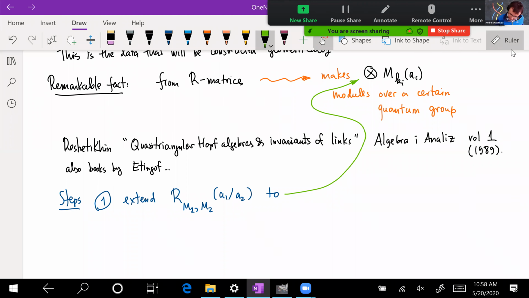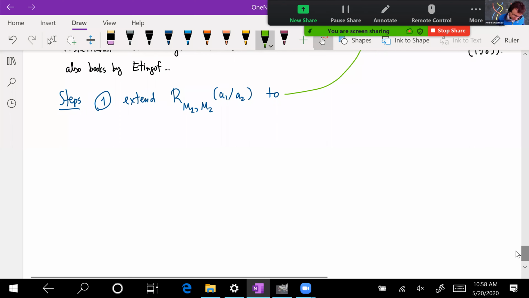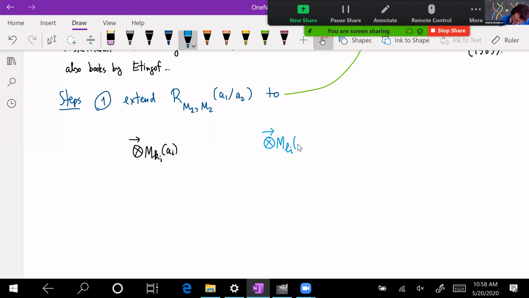And the way to do it, I'll write it pictorially. We have one tensor product in some particular order of this M Ki of AI, and then you have another tensor product, also in some particular order, of this MLI of BI.